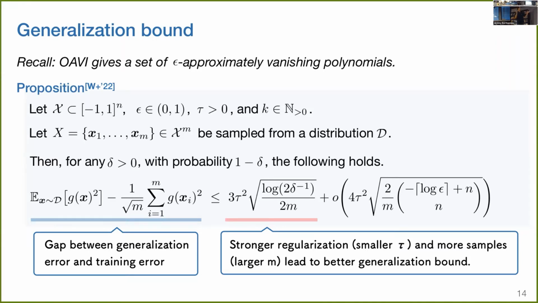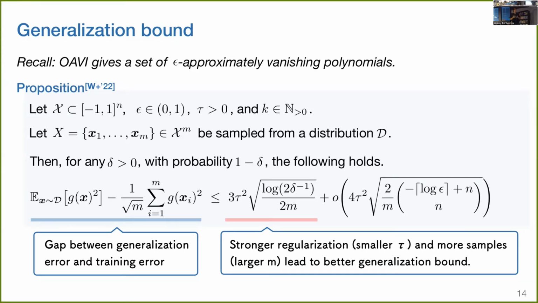This gap is upper bounded by some complicated quantity, but you can see, for example, the number of samples is m there, which shows that if the number of samples increases, then the upper bound goes down, so it becomes tighter and tighter.